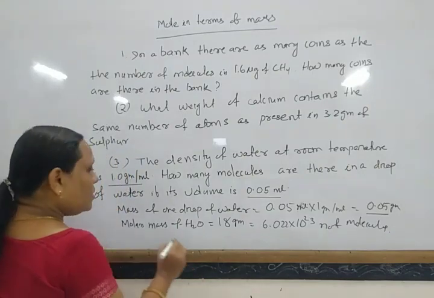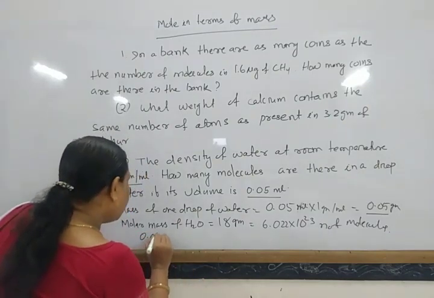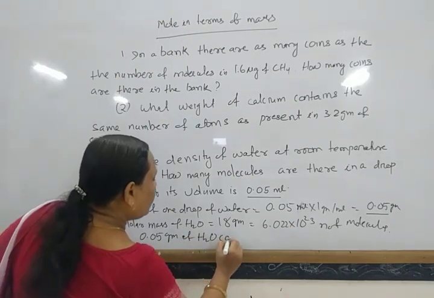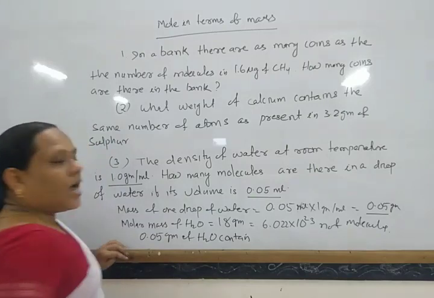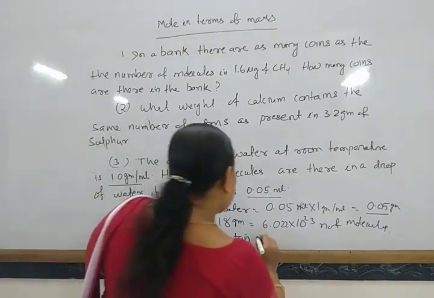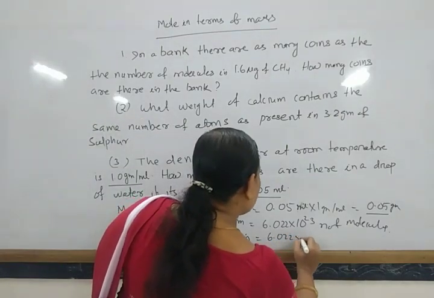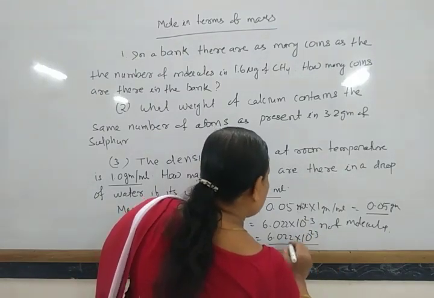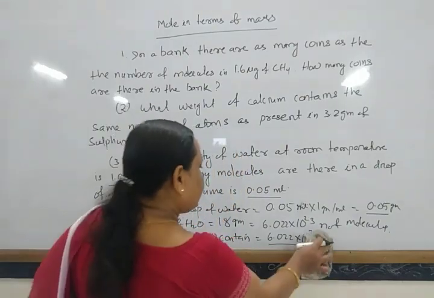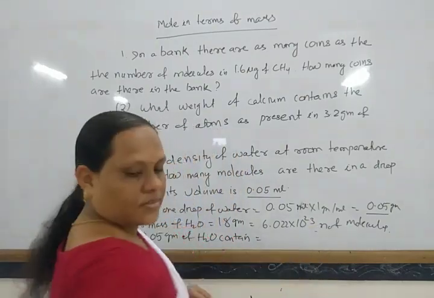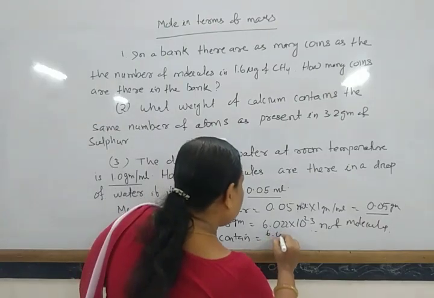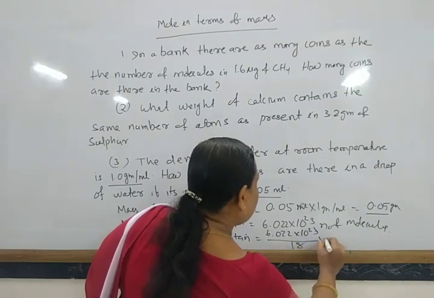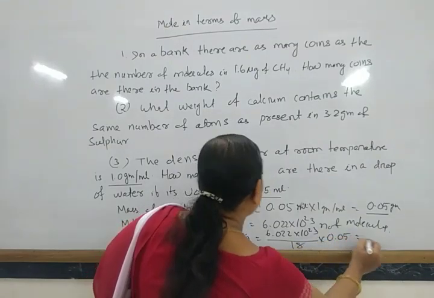Then 0.05 gram of water contains how many molecules? 6.022 × 10^23 by 18 into 0.05.